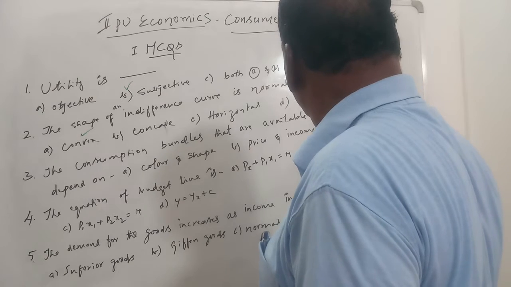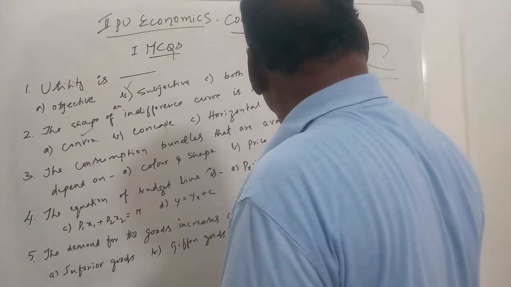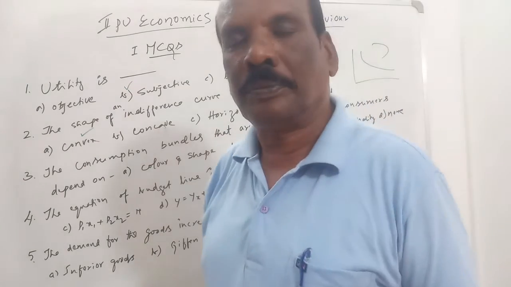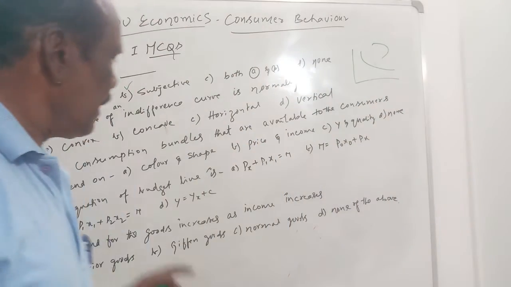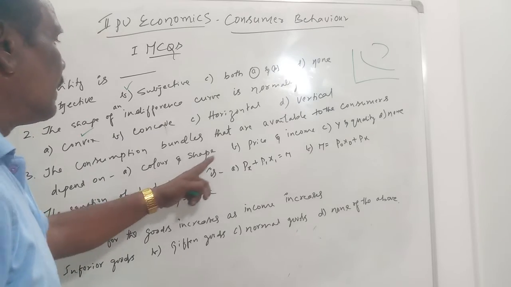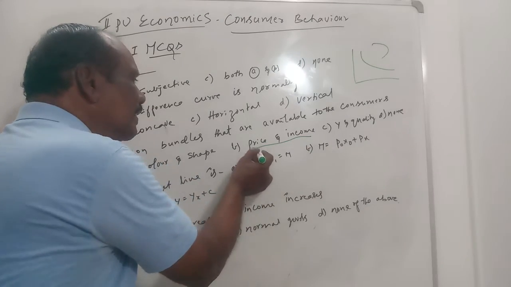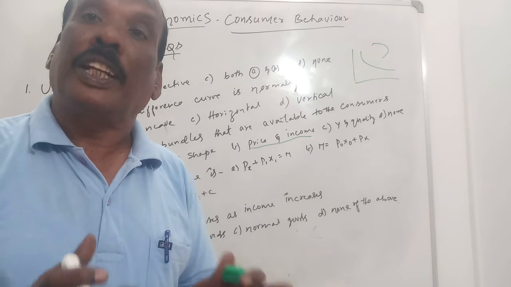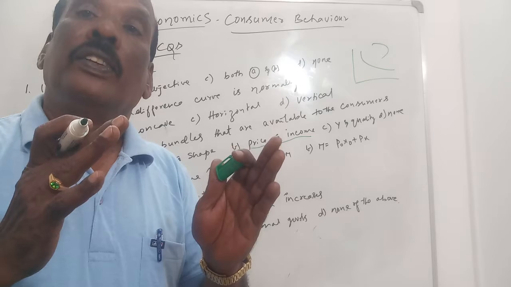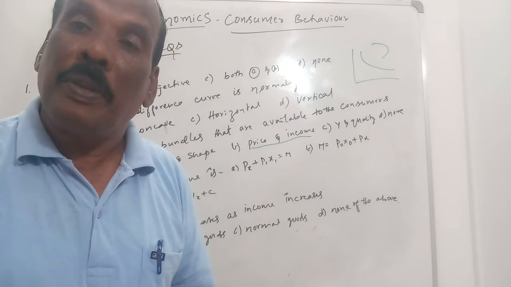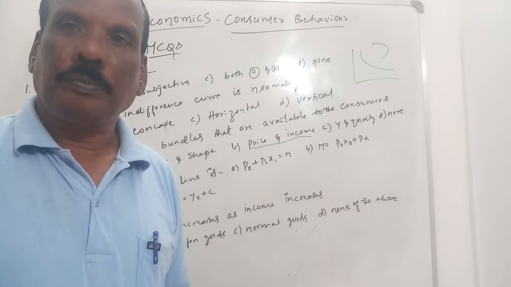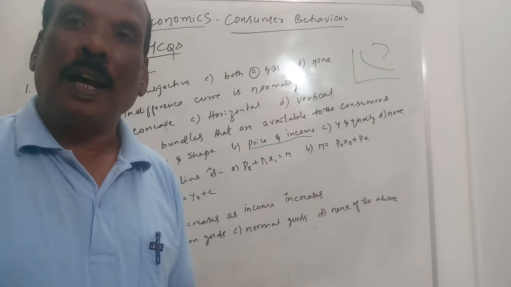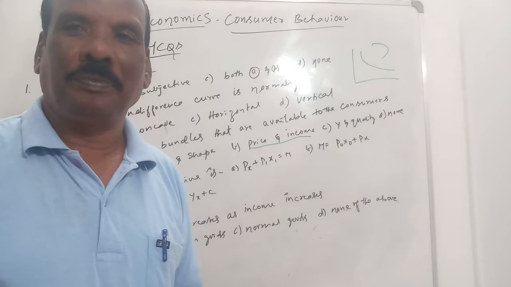It doesn't depend on income and quality. It doesn't depend on the other character. So it depends on price and income. So the consumer will purchase such quantity or combinations of goods on the basis of the prices of that good and the income of the consumer.